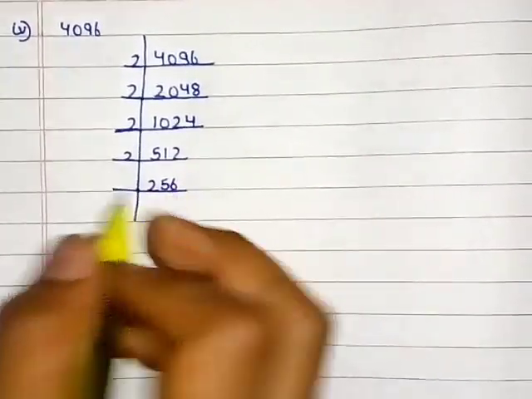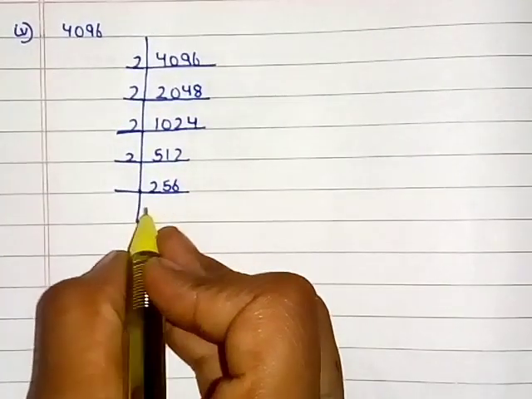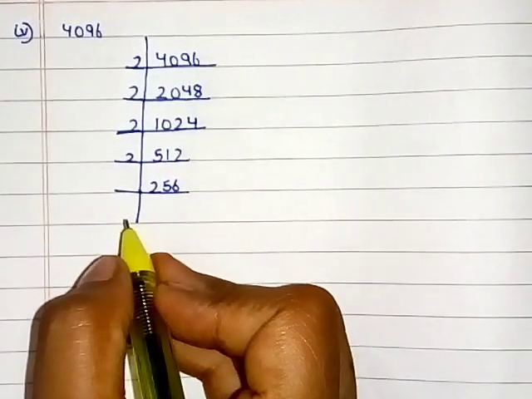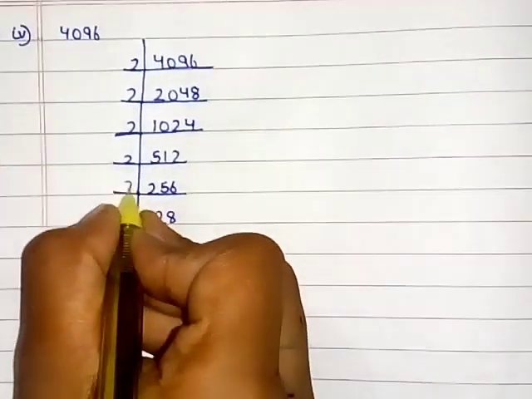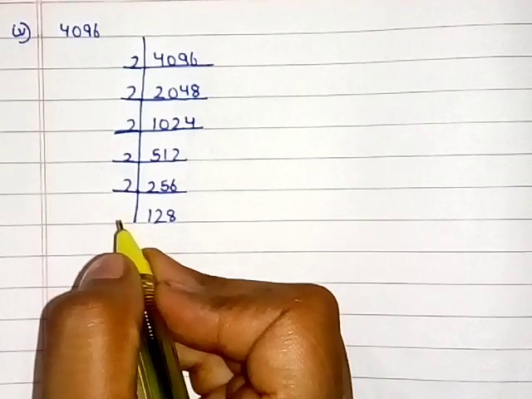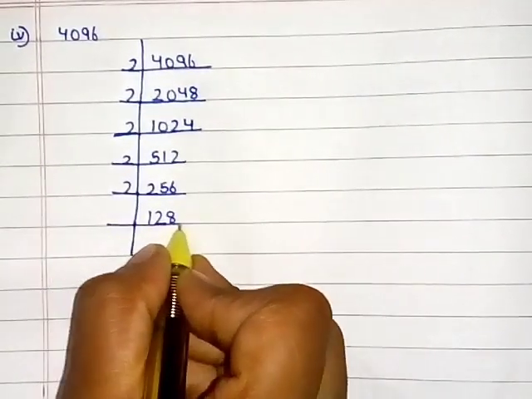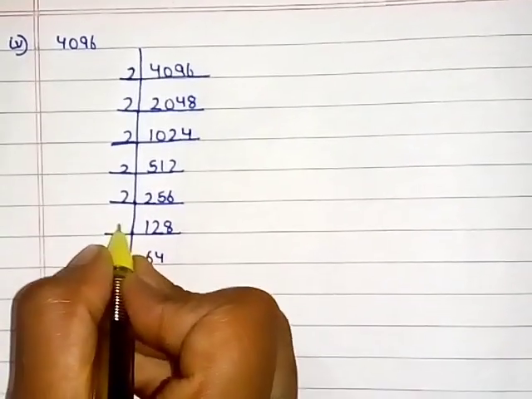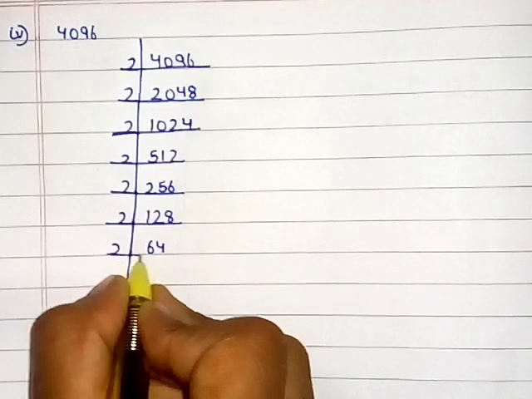256 again on 2. We will get 128. Again divided by 2. We get 64. Again it can be divided by 2.